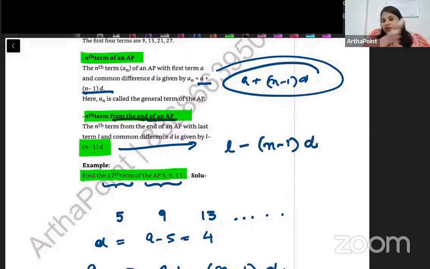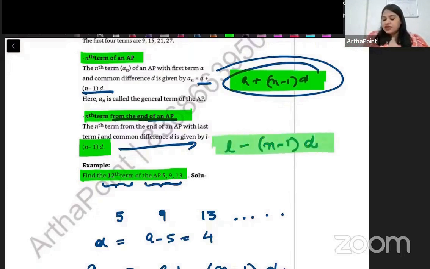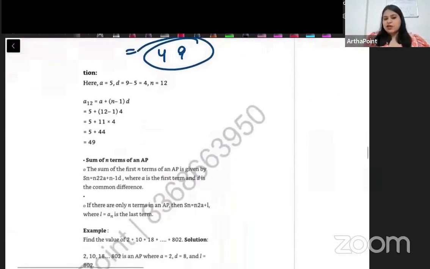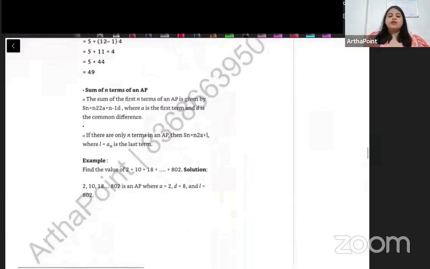If you start from the beginning, then the nth term from the beginning will be a plus n minus 1 into d, and the nth term from the last will be l minus n minus 1 into d. Usually this is what tricks students. This is tricky because बहुत पहले कभी revise किया होता है ये चीज, so you tend to forget.